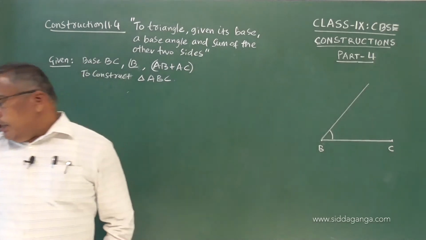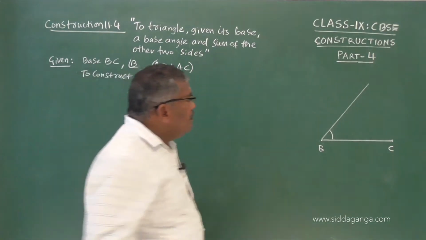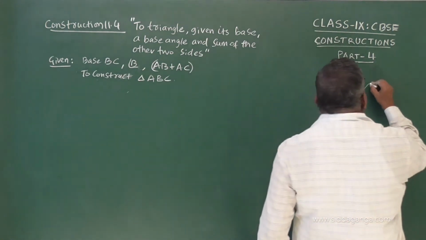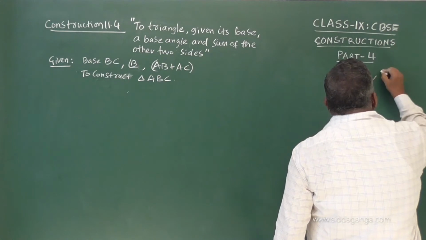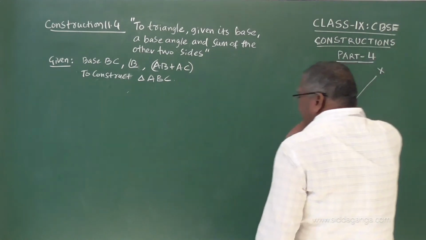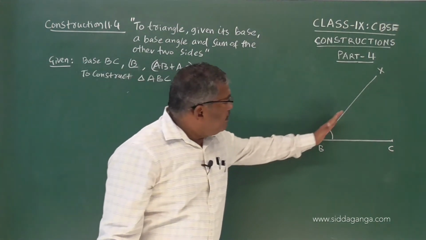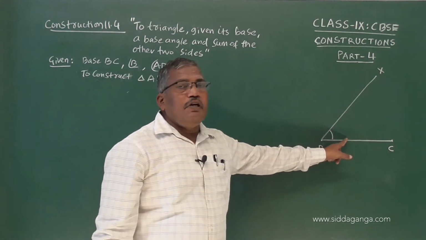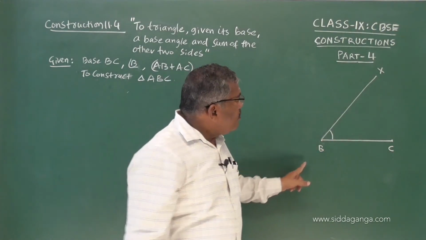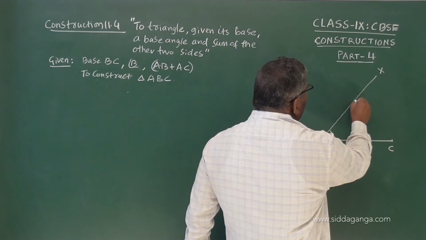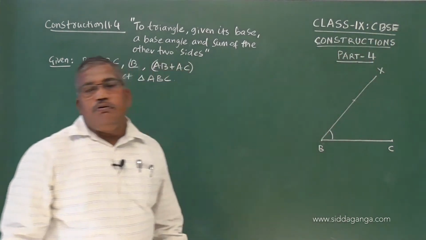So, I will not go into the details of that now, but I can just say this line, you can call this as Bx. So, you get this angle, given angle, if it is 45 degree, 30 degree, 60 degree, whatever it is, and draw a ray. While constructing, you will have some points, you join this and Bx ray you draw.